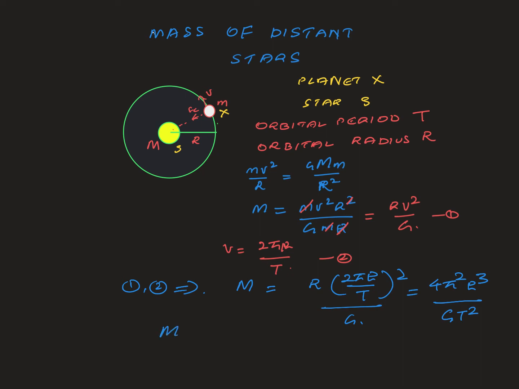So the mass of the star is equal to 4 pi squared R cubed divided by G T squared.